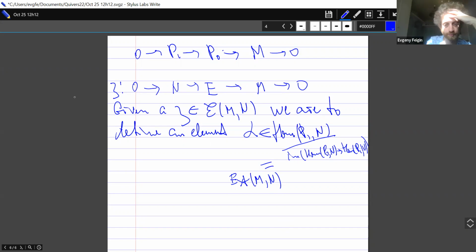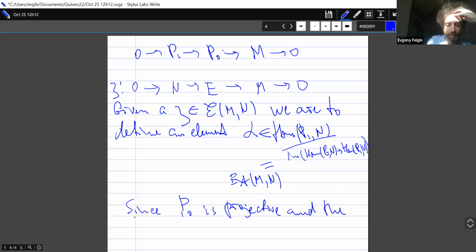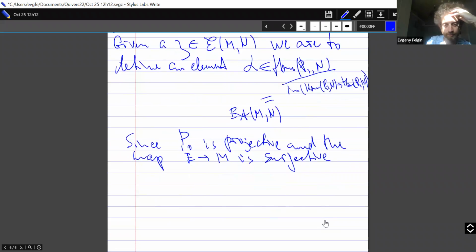Since P0 is projective, and the map E to M is surjective, we have the following diagram.